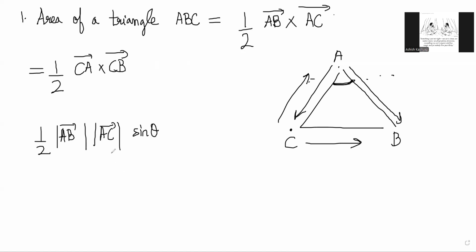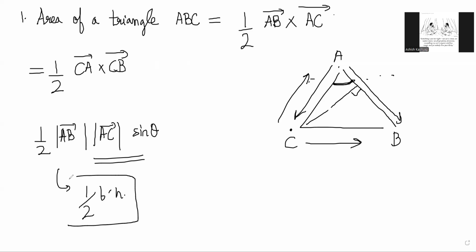And obviously AC sine theta becomes like the height on this, and this formula becomes like half base into height, where the base is the AB side and the height is AC sine theta, right? So this is a version of the triangle area that you can figure out.